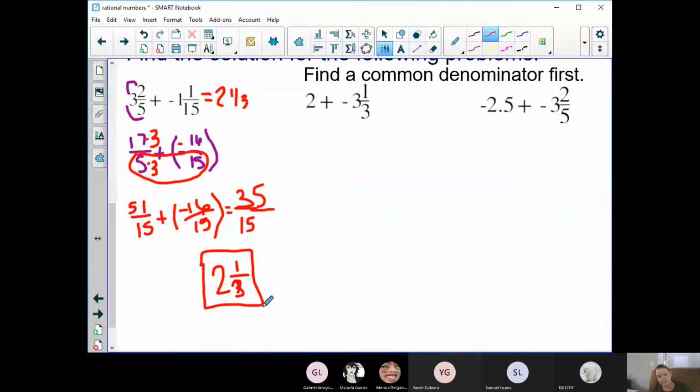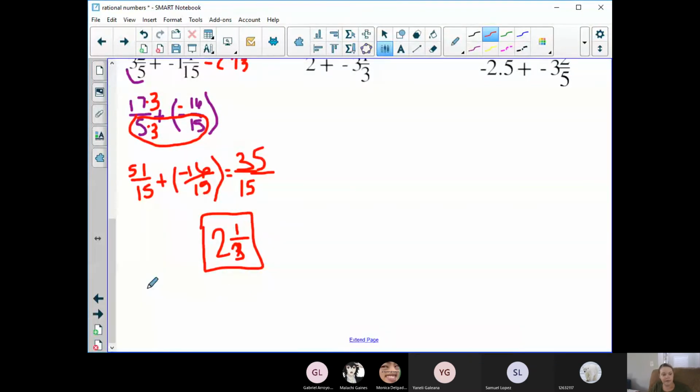Okay. So if I were to write 5 and 15 here, and if I were to go through all of the multiples, so 5 times 1 is 5, times 2 is 10, 3 is 15, and so on and so forth, okay?